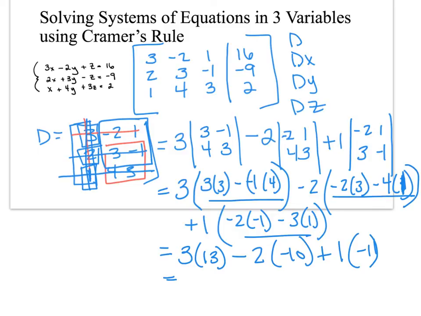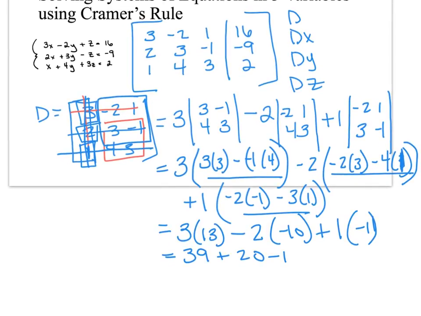And then simplified again we get 39 plus 20, subtract 1, and then lastly, D is equal to 58. So we have the first determinant figured out. Only 3 more to go.